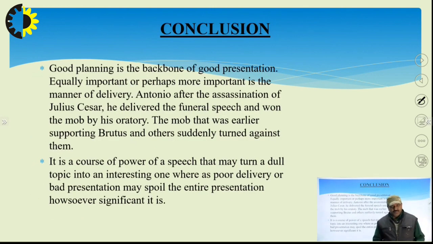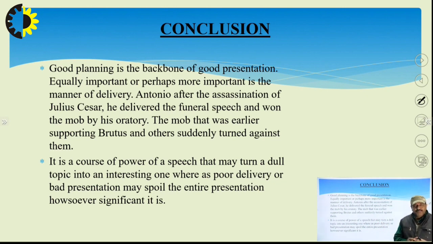If we conclude the presentation, the strategies and techniques on which there was a good discussion. Under the conclusion part, a story has been taken from Julius Caesar.